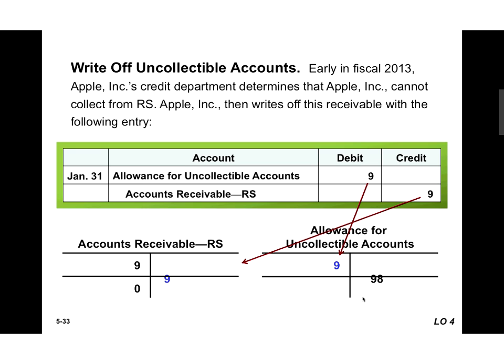And then we will have 0 accounts receivable from RS, and our allowance balance will now be 98. Okay, so this 9 is actually here. Okay, and then this 98.